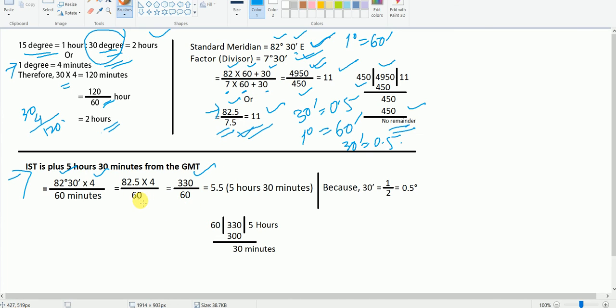And we are dividing it by 60 because we are converting minutes into hours. That means 5.5. 5.5 means 5 hours 30 minutes. You may divide this value by 60, then 60 by 5 is 300. So 30 minutes, this is the remainder. So the remainder becomes minutes and the quotient becomes hours.